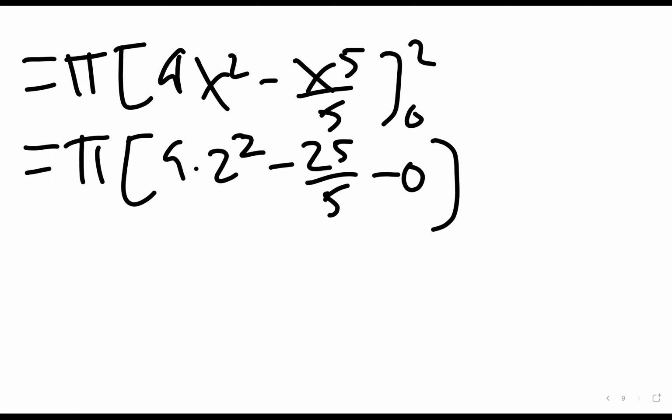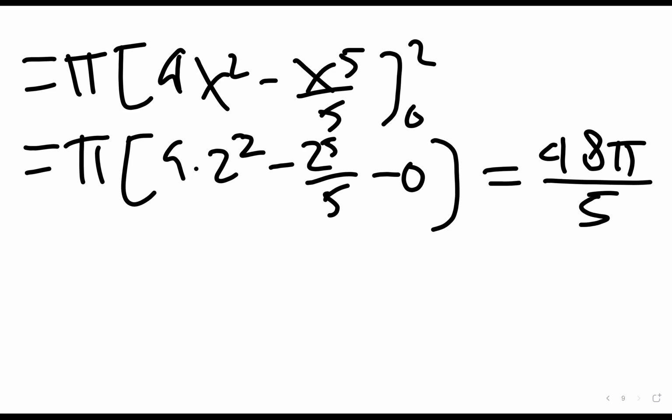If you simplify this calculation, realize that 2 to the power 5 is 32, so 32 over 5. And this one is 16. Then you have 80 minus 32, which will be 48. So 48 pi over 5. Any question or comment up to this point?